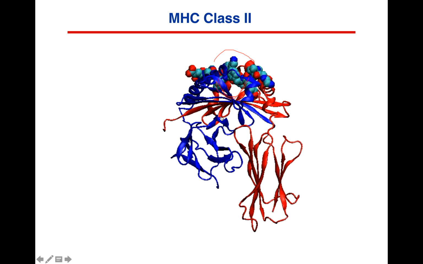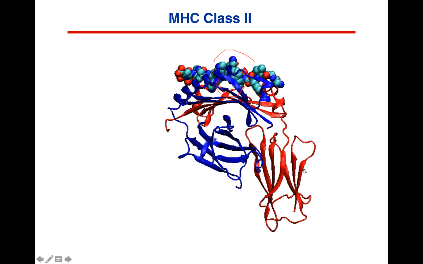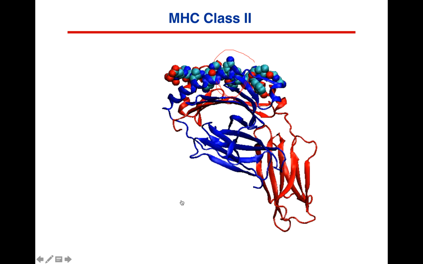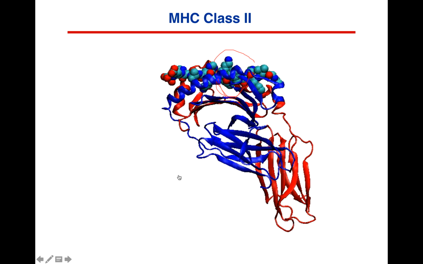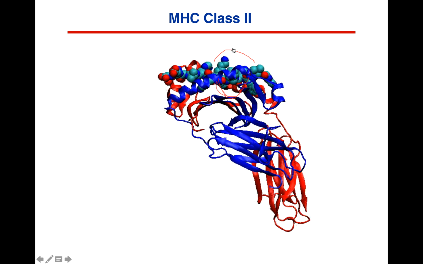You can see they're composed of these alpha chains and beta chains, and those chains are made up of secondary structure, again beta sheet, which is quite stable. But interestingly, and we'll come back to this, one of the parts you'll see is an alpha helix on the top, which comprises basically the top of the chain.